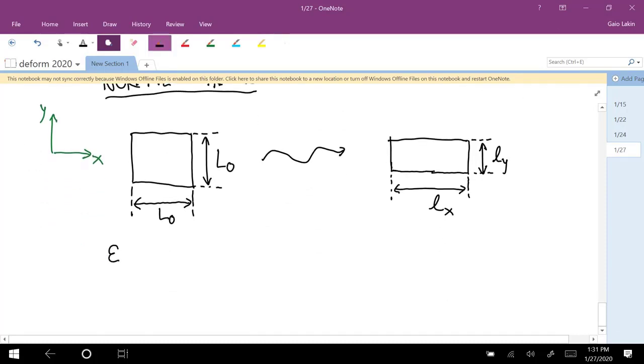Then we'll define the XX normal strain. Notice the notation exactly mirrors the notation for stress. That's going to be the quantity, the final length of that side minus the initial, divided by the initial.